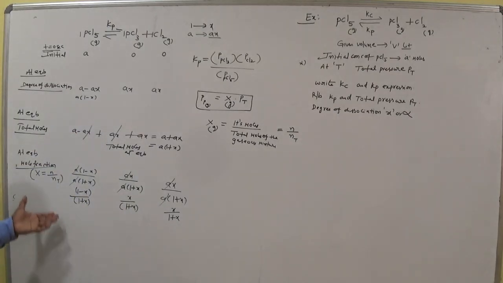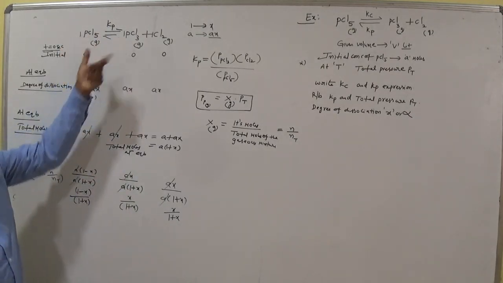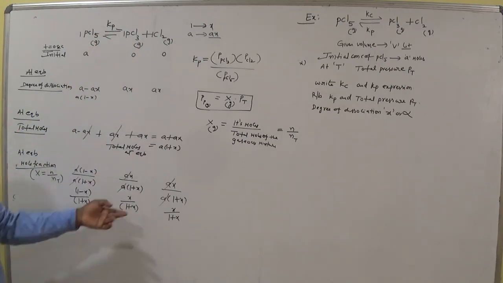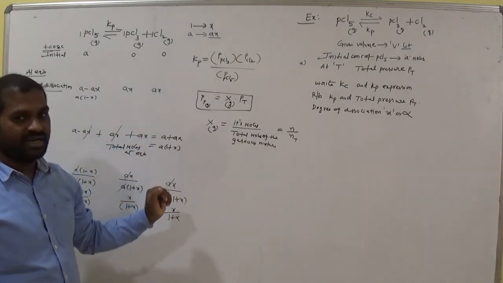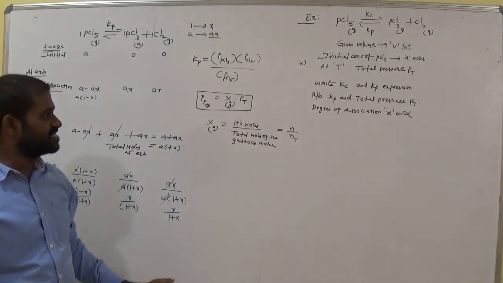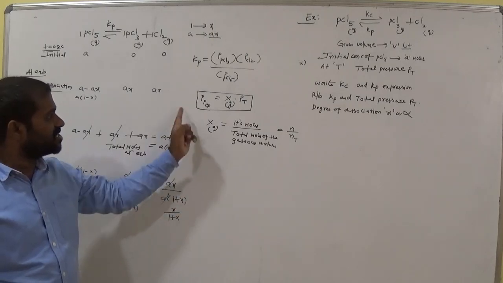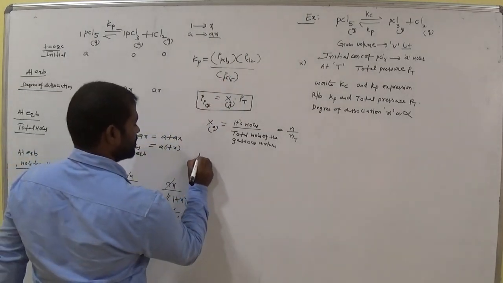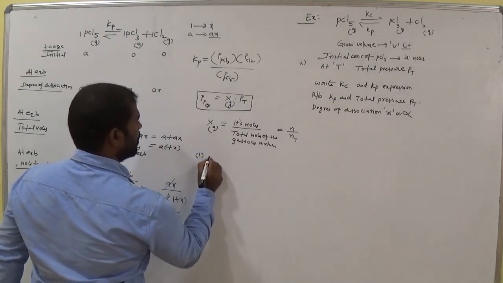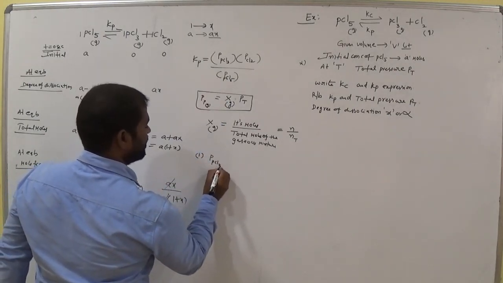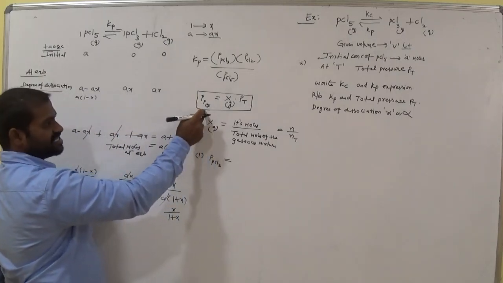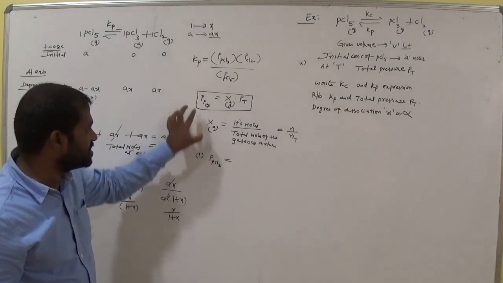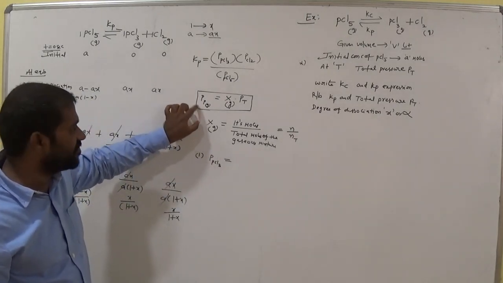So here we have mole fractions of these components. Okay? Understood or not? Mole fractions of all the components, and PT is the total pressure of the mixture. Then we can calculate partial pressure of each gas or not? Yes. So write the first one. Partial pressure of PCl3 equals its mole fraction, following this equation.